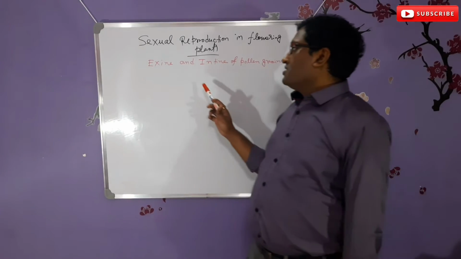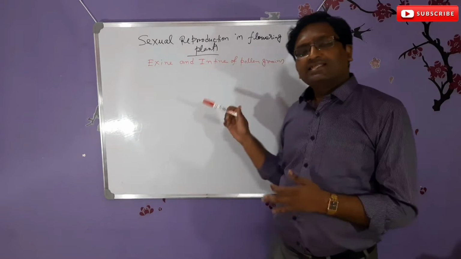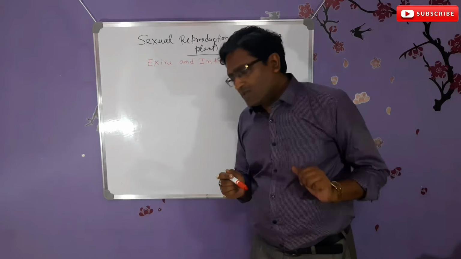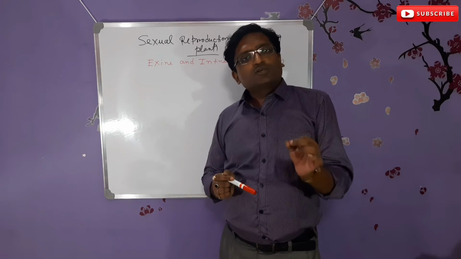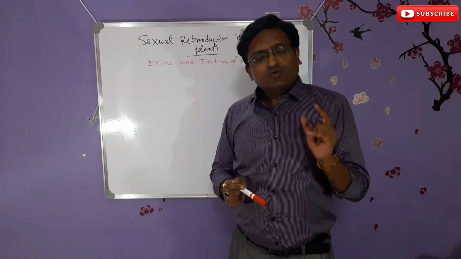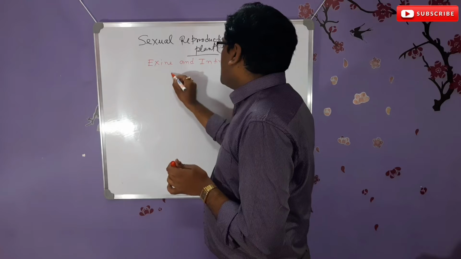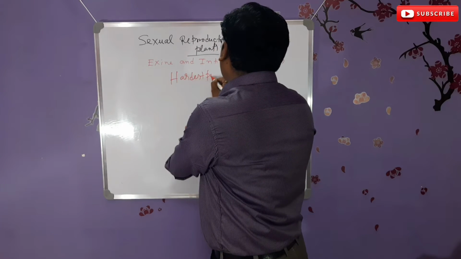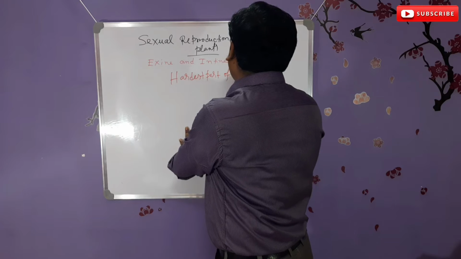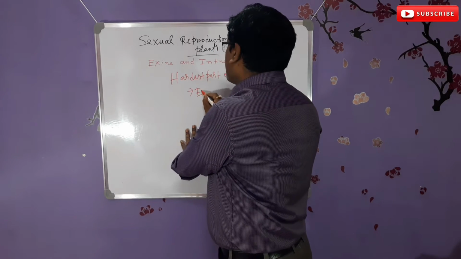So students, let's come to the first topic of this chapter, the exine and intine of pollen grains. Exine means the outer part of the pollen grain, which is the hardest substance in the world. If a question comes like the hardest part of pollen, then the answer will be exine.